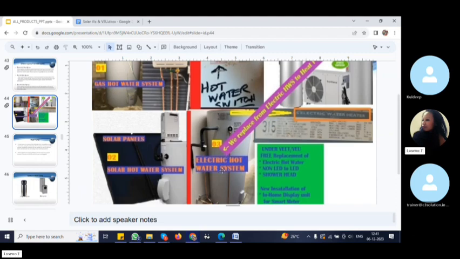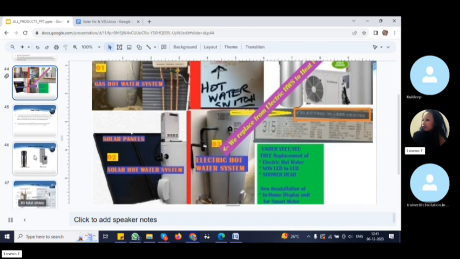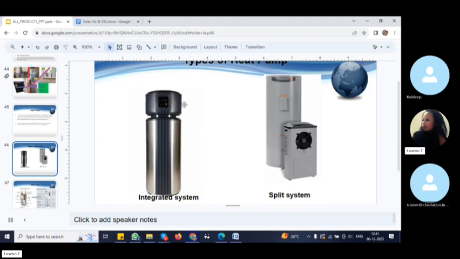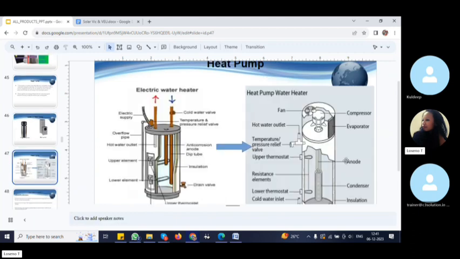It doesn't have a compressor, it doesn't have an exhaust fan. It runs as soon as you turn on the electric hot water system switch, it uses your electricity to heat the water. Unlike the new heat pump, which comes with a compressor and inbuilt advanced technologies such as the exhaust fan over here. If you can see, we have a compressor, we have the evaporator.